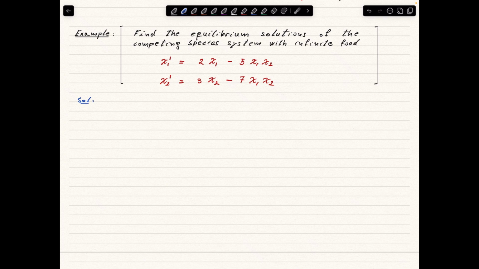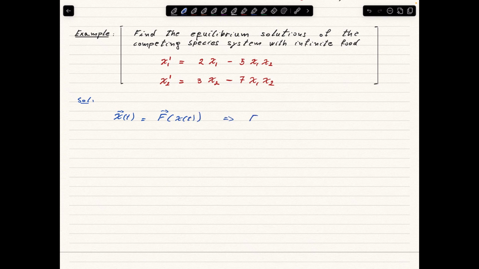Let's start writing the system in vector form, x of t. Here is then a vector field on the solution x of t. And what is the vector field in this case?